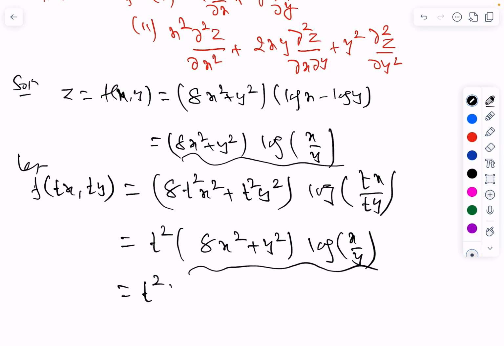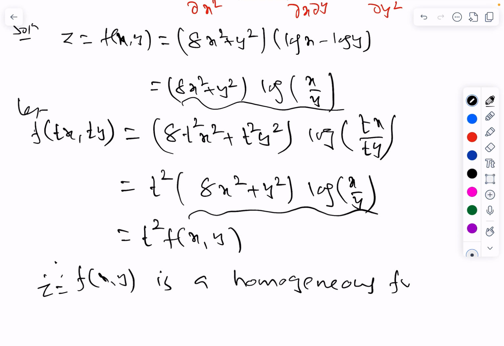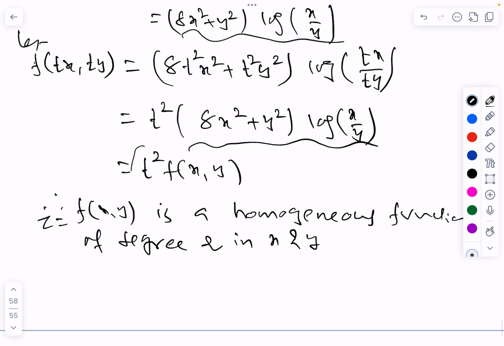So this is t² f(x,y). Therefore, z equal to f(x,y) is a homogeneous function of degree 2, because t².